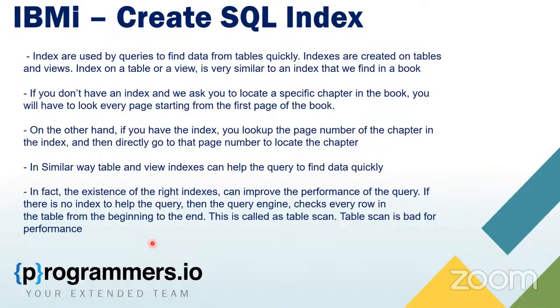If you do not have an index on your table, then your query will scan every record. And suppose you have lots of data, millions and billions of records, so you are scanning every record. You can increase your query performance just by creating a simple index on your table.